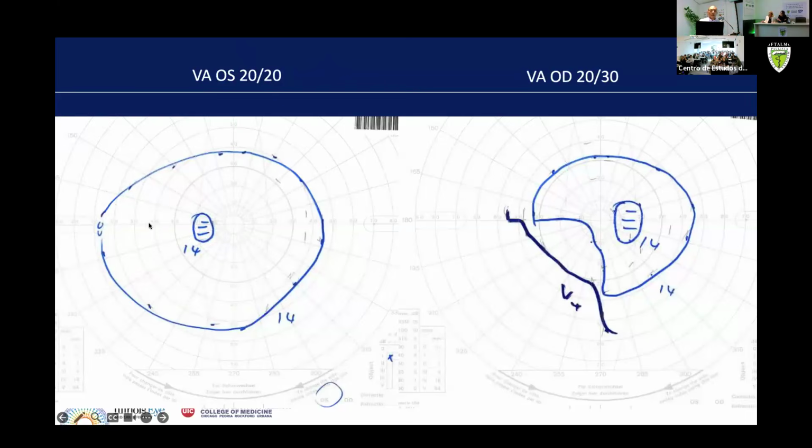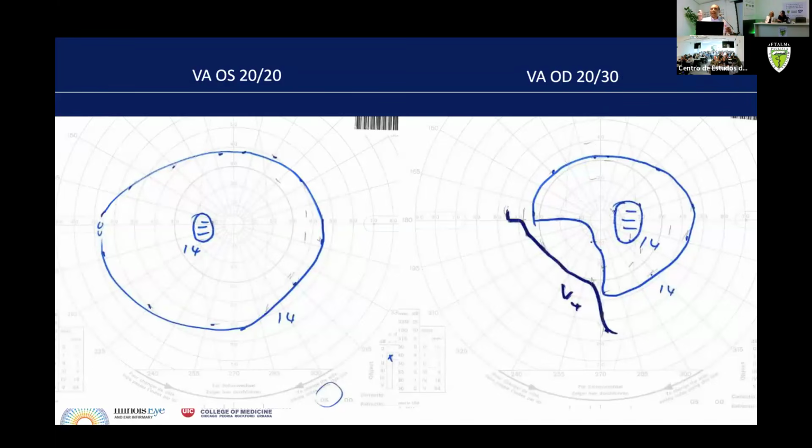But if you compare this left eye field to the right eye, you'll see three important findings that you will get with papilledema. This patient has relatively good visual acuity, 20/30. Remember, the visual acuity goes later in this disease, but one of the first findings is this enlarged blind spot. And that happens as the optic nerve gets swollen, the peripapillary retina gets elevated, and that becomes blurry for the patient.